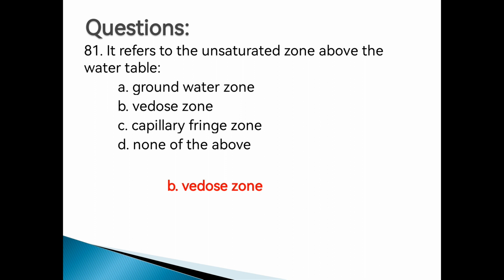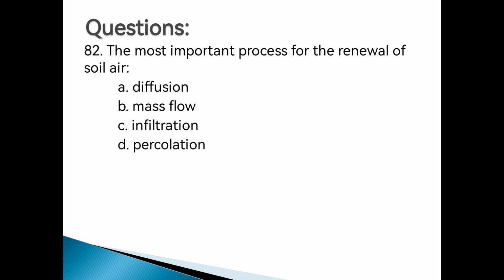Vadose zone. Number 82. The most important process for the renewal of soil air: A. Diffusion, B. Mass flow, C. Infiltration, D. Percolation. The correct answer is A. Diffusion.